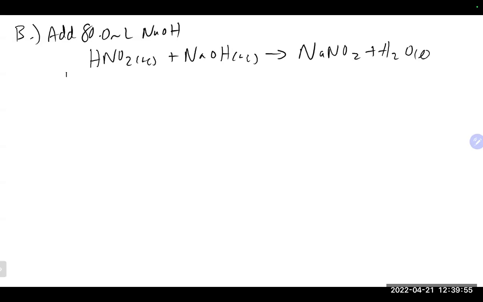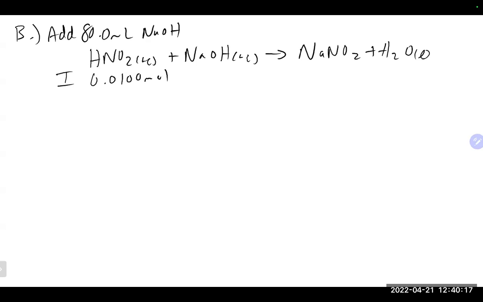Remember, because we are adding here, we want to make sure that we do it in moles. We are starting with, again, 100 milliliters of 0.1 molar HNO2. So that is 0.1 times 0.1. When you convert the milliliters into liters, that gives you 0.01 moles of our HNO2.